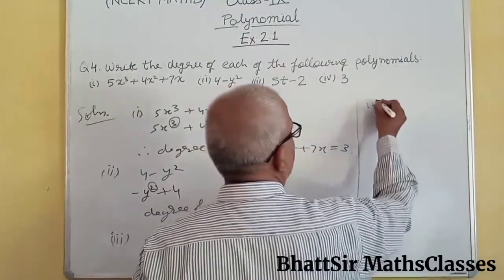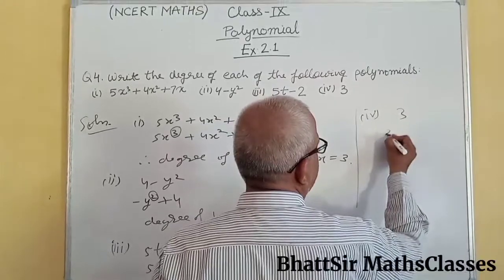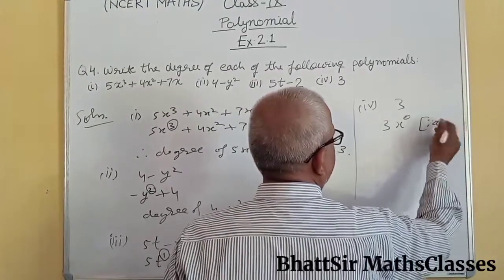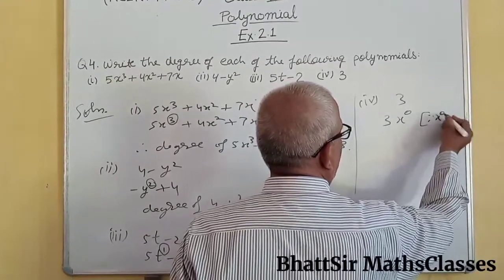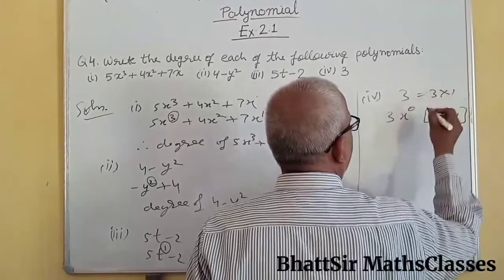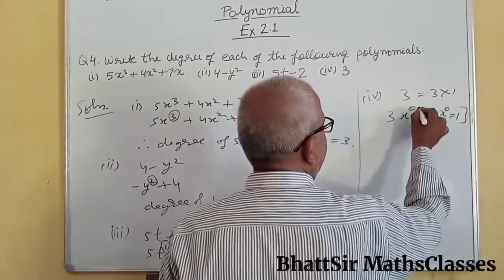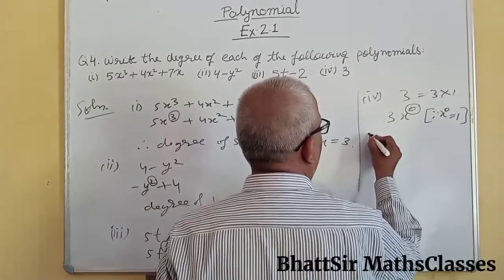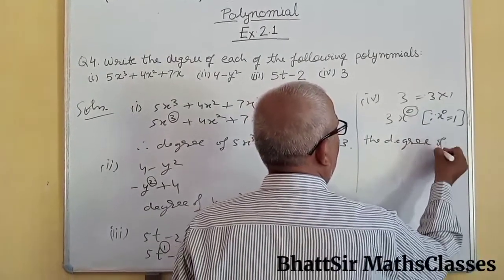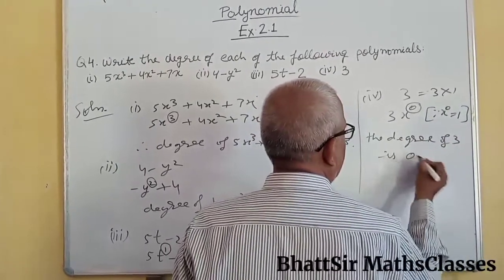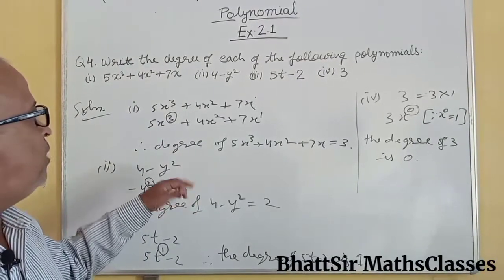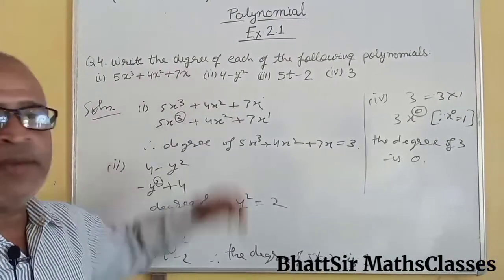Fourth part, 3. We can write it as 3x raised to 0, since x raised to power 0 equals 1. So the degree of 3 is 0. So we can find out the degree of these given polynomials.